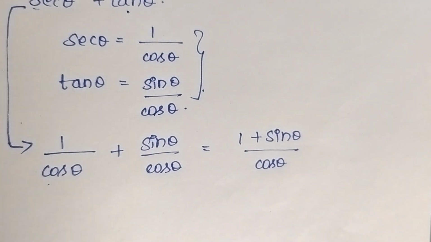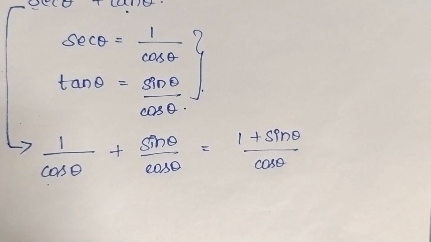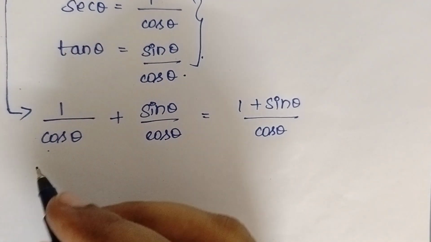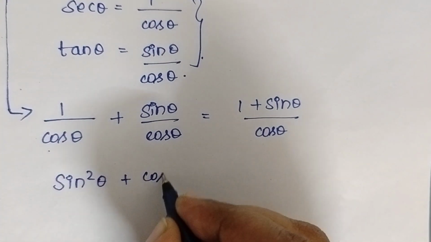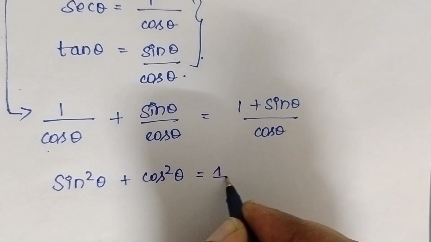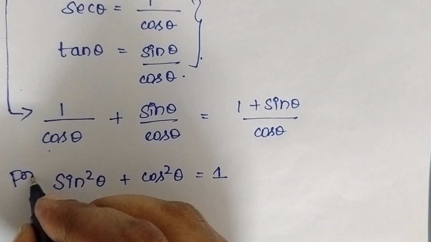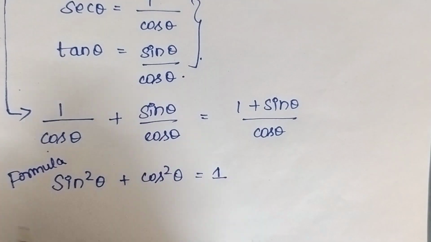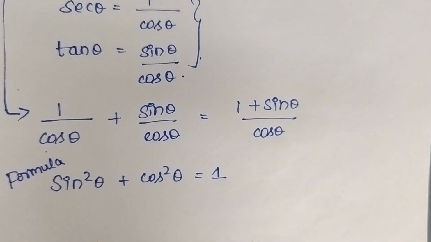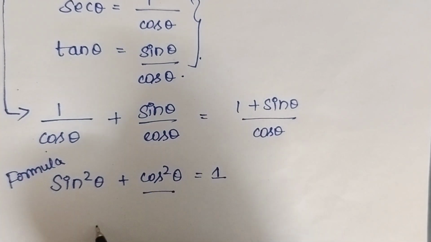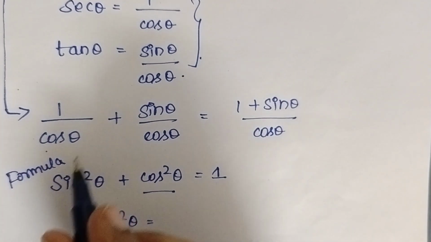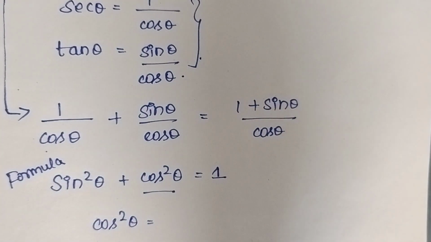For that there is a formula between sin theta and cos theta. What is it? Sin square theta plus cos square theta is equal to 1. We know it already; it's the most familiar formula in trigonometry. I need only cos theta, so I am going to keep cos square theta on the left side and move the other term to the right side.